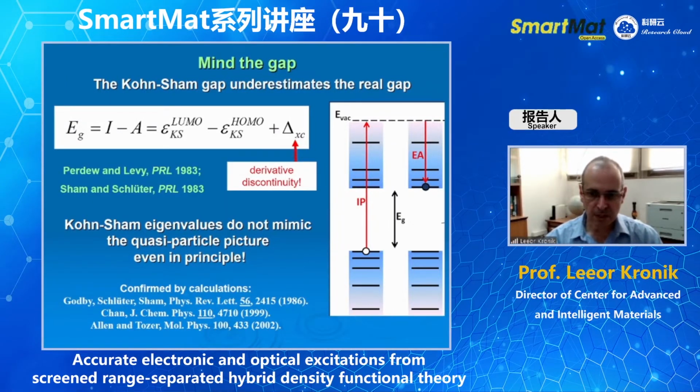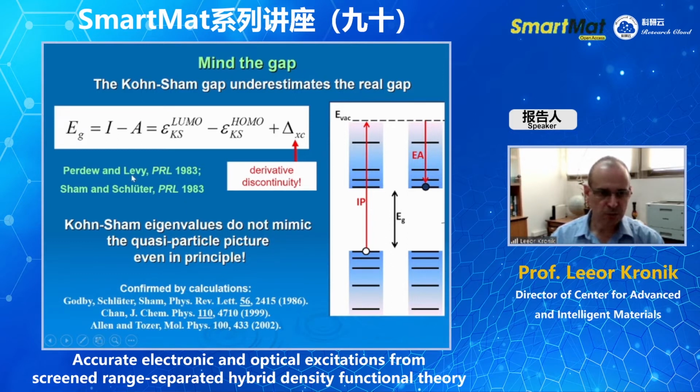One particularly bothersome feature is that we would have loved to look at the HOMO energy level and the LUMO energy level, so the highest occupied energy and the lowest unoccupied energy, and say that the difference between them is just the fundamental gap, so the difference between the ionization potential and the electron affinity, or in other words, the difference between how much energy it takes to liberate an electron and how much energy you can gain from adding an electron to the material. So this is very intuitive and sounds reasonable, but sadly, it's not true.